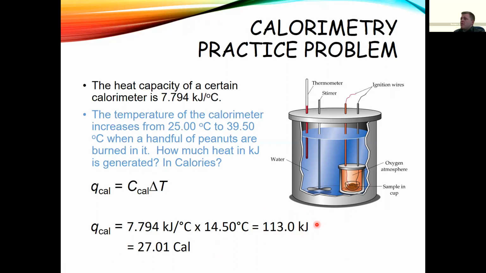It is for going from joules to lowercase calories, but that 4.184 ratio also works for going from kilojoules to capital case calories. I know that can be a little confusing, but make sure you can get that straight. So 4.184 will take you from joules to lowercase calories, and 4.184 will take you from kilojoules to uppercase calories.